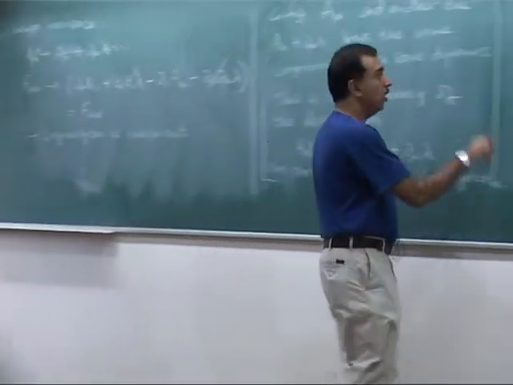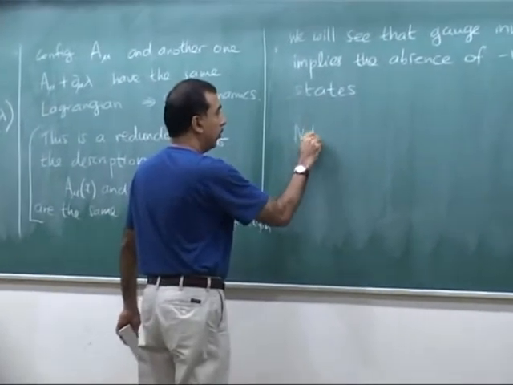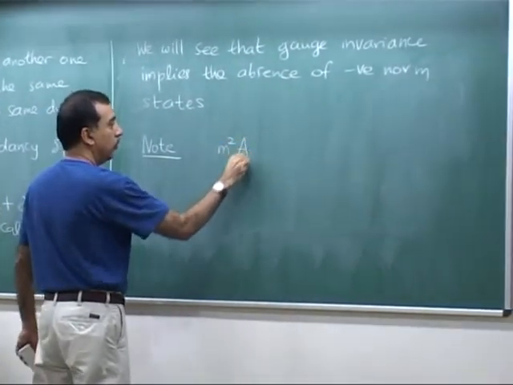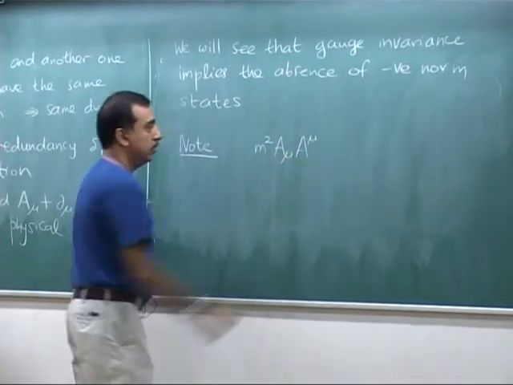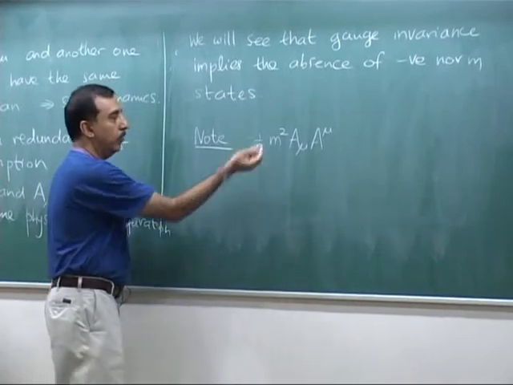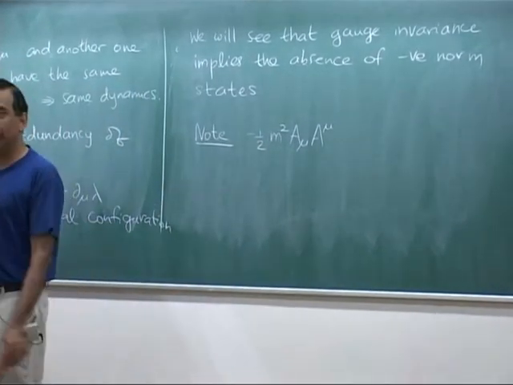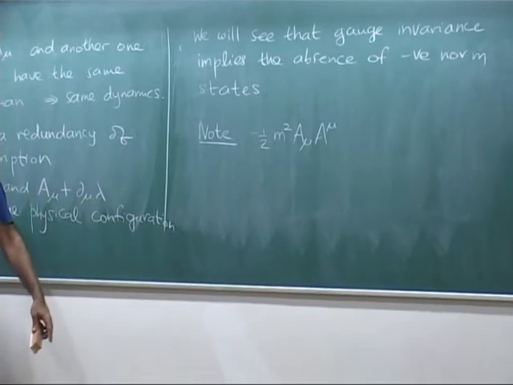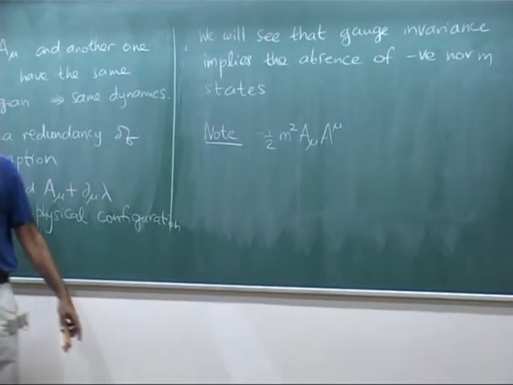So that's one remark. Second remark, we didn't put any mass, but let's think of a mass term. This would be a mass term, just like m squared phi squared for Klein-Gordon theory, maybe with a half, maybe with a minus. Okay, but what effect does this term have on gauge invariance? It's not gauge invariant.